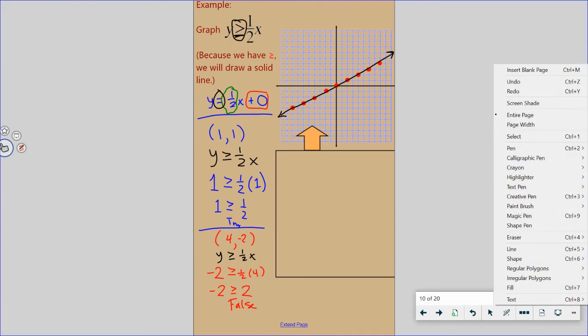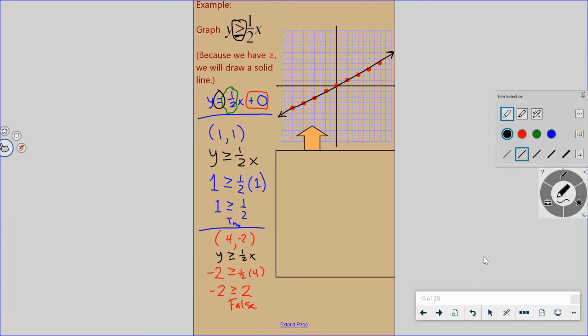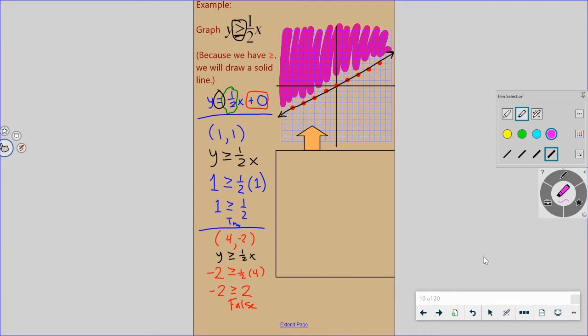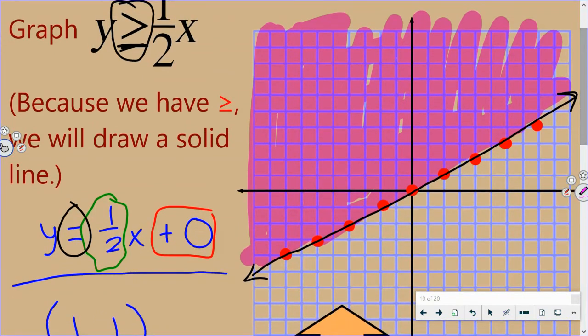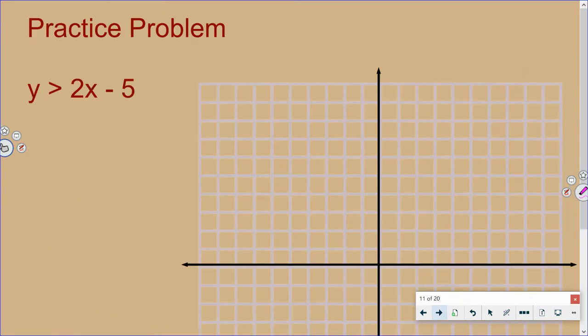And a little highlighter now, shall we? All the points above this are solutions. So we go ahead and we shade in everything above. All the points down below will not work. All right, pause if you need, rewind, watch that part again. I'm going to keep going.